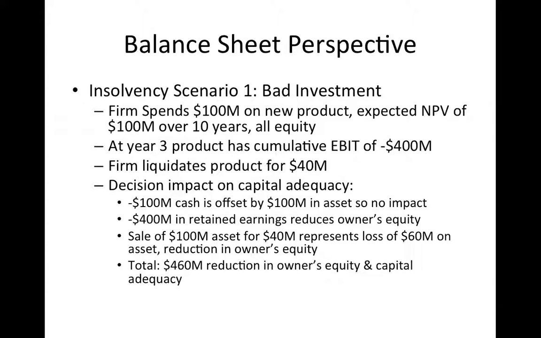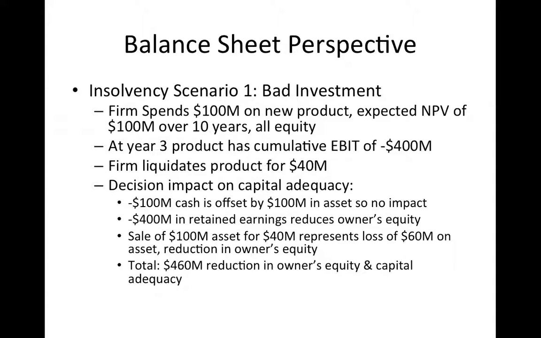But at the end of the third year, the product has a cumulative earnings before interest and taxes of minus $400 million. So it's in the hole. Instead of getting plus $200 million over 10 years, it's already minus $400 million, and maybe doesn't look like it's going to turn around. So the company decides to liquidate it.